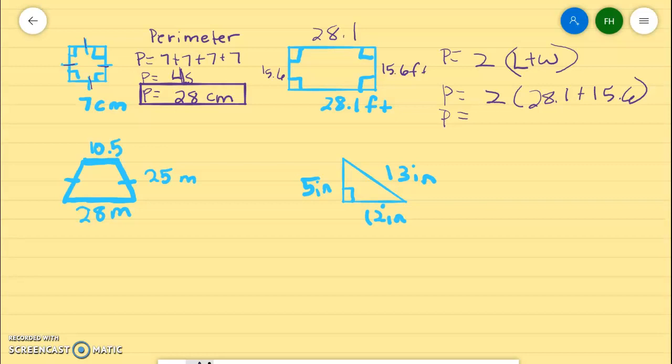So that is 43.7. Let me make sure that's right. Yeah, which would be 87.4.